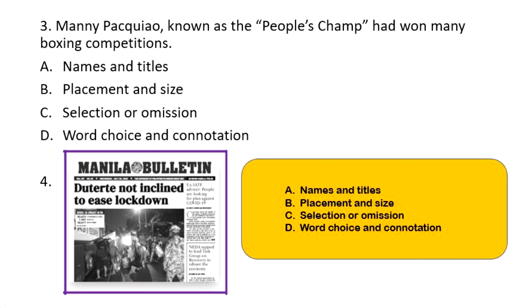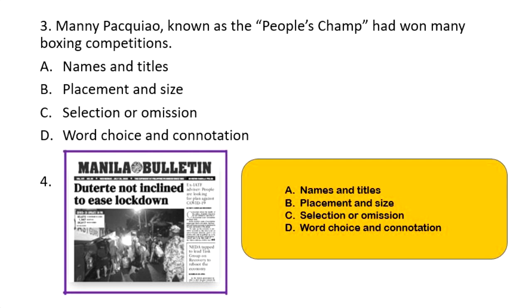Let's have item number 3. Manny Pacquiao, known as the People's Champ, had won many boxing competitions. Is it A. Names and titles. B. Placement and size. C. Selection or omission. Or D. Word choice and connotation. Item number 4. Is it A. Names and titles.